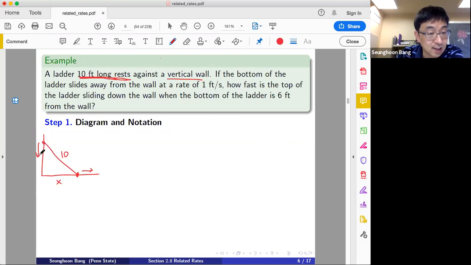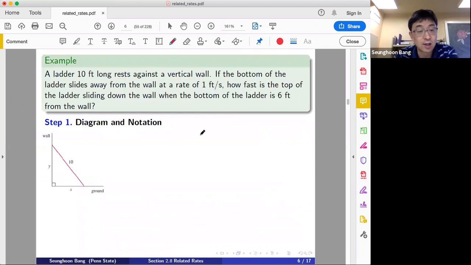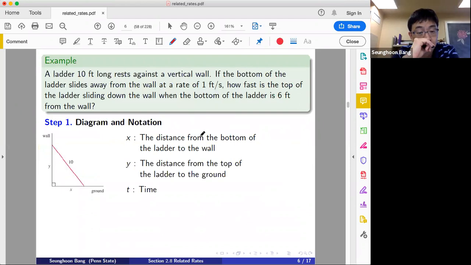So this is sliding down. What does it mean? The length between the top of the ladder and the ground, y, is decreasing. So we need these notations. The t is exactly time. That's right. So we need this notation and this diagram.